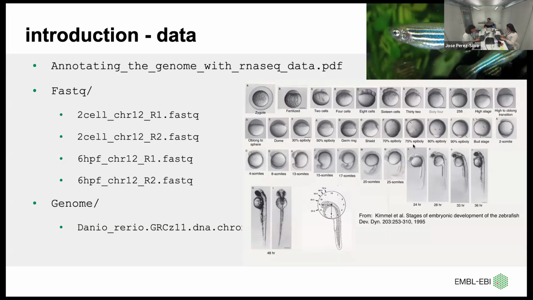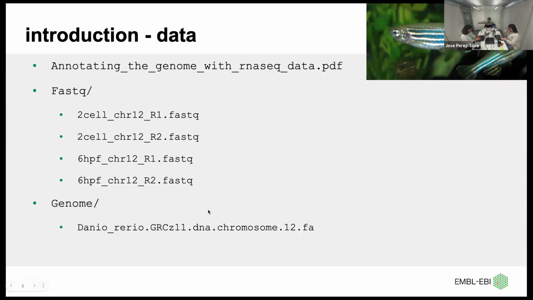Well, sorry, I cannot find it in the schema, but it's different. Oh, sorry, 6 hours post-fertilization. So 2 different stages in the very well-known developmental stages of the zebrafish. Also, we're providing the genome that we need to align them to.